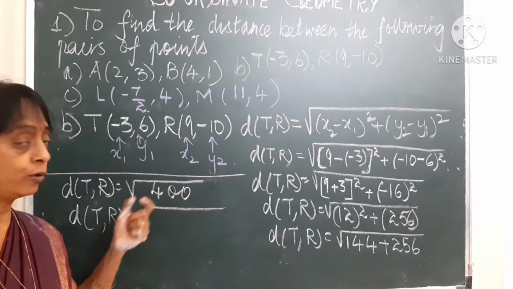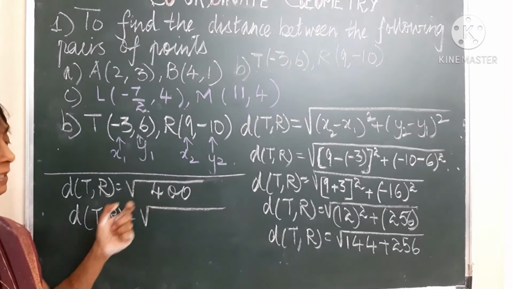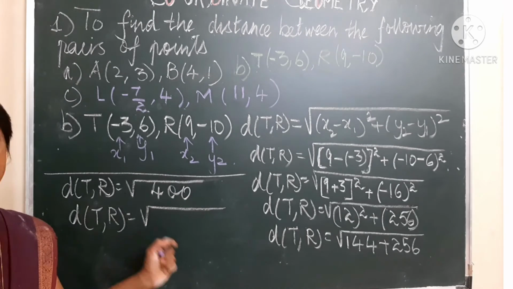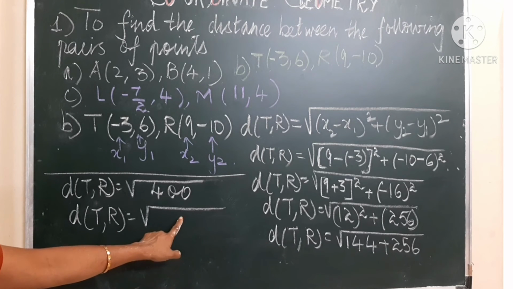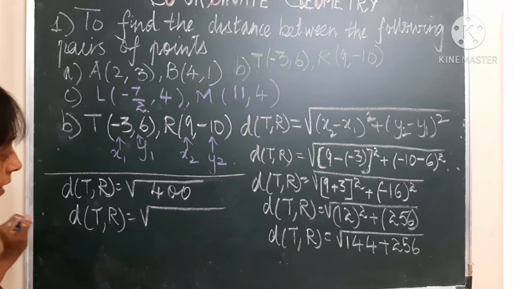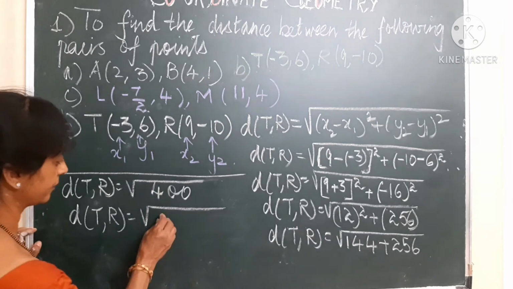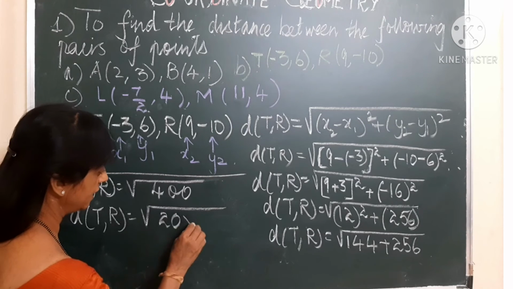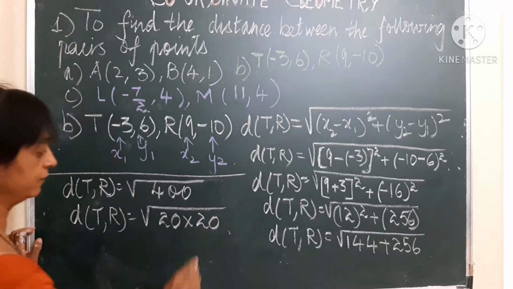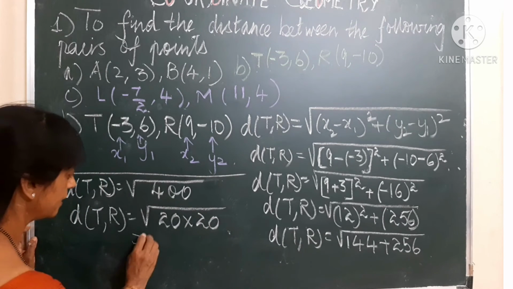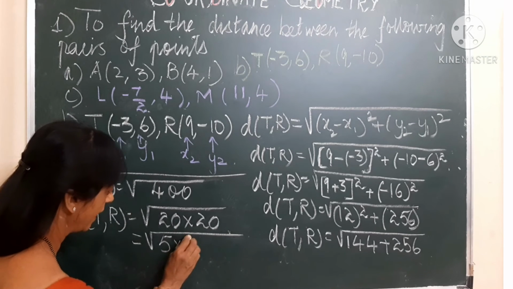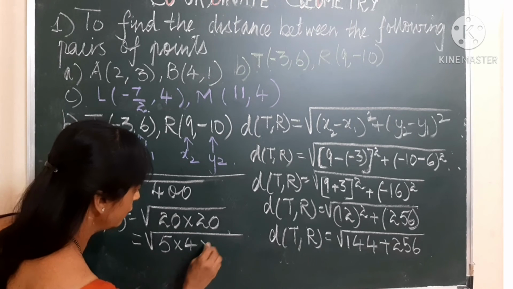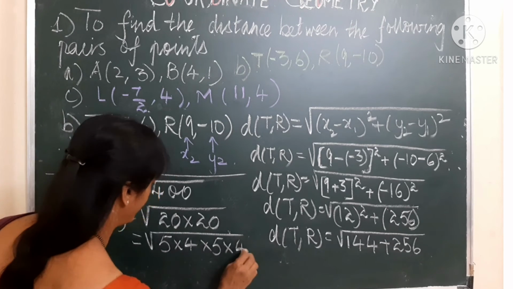Now, 400, let's write it as a product of a few numbers. We know the square root of 400 will be 20 into 20, which gives us 400. Let's split up further. 20 can be written as 5 into 4 into 5 into 4.